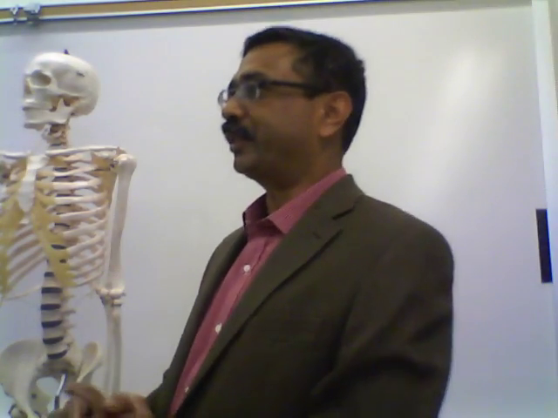So we were talking about the integumentary system that consists of skin, hair, nail, and glands. In the last lecture, I talked about the main part of the integumentary system, which is the skin, as well as the glands of the skin.